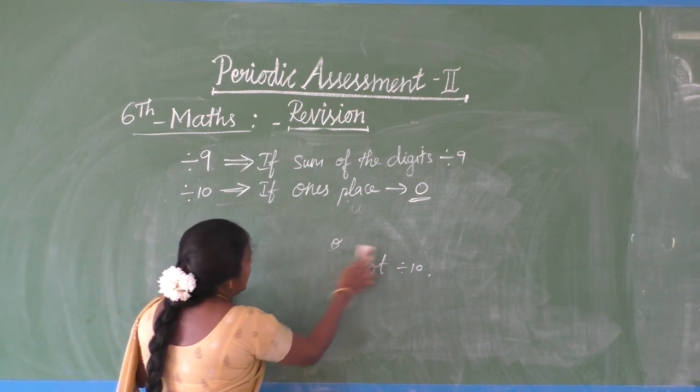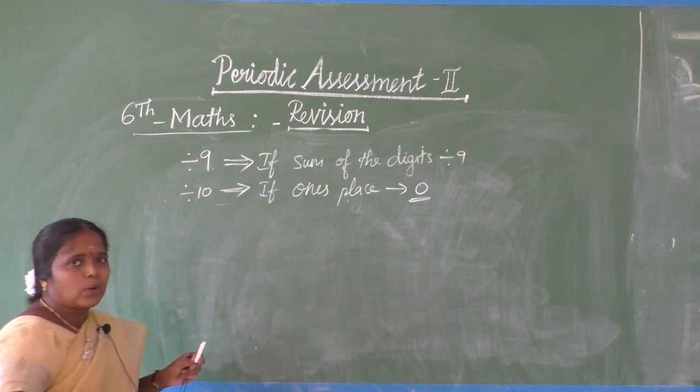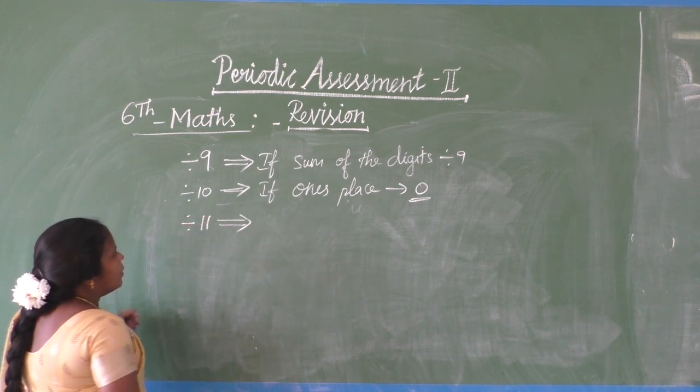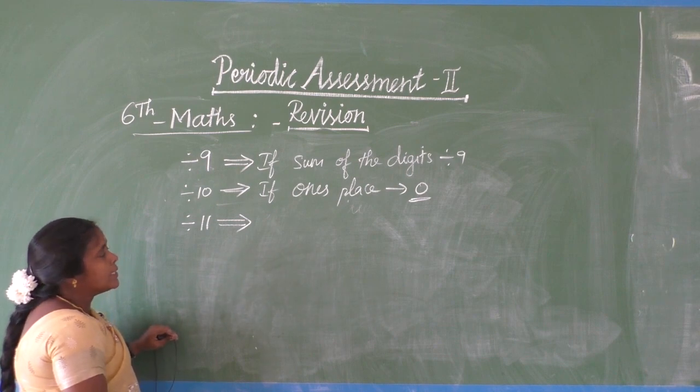What about divisible by 11? This is a little bit bigger but easiest. Divisible by 11, what it says?